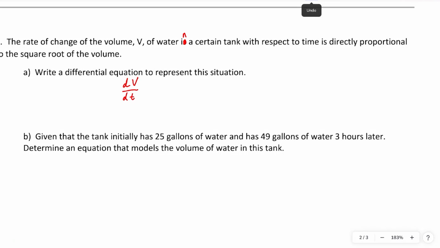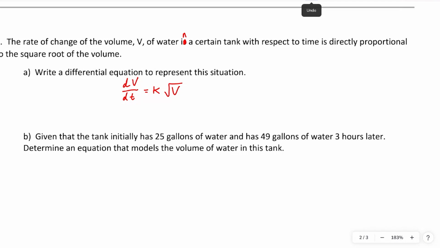Instead of like change in y over change in x, this is change in V over change in t. Is proportional to the square root of the volume. So there's your differential equation.